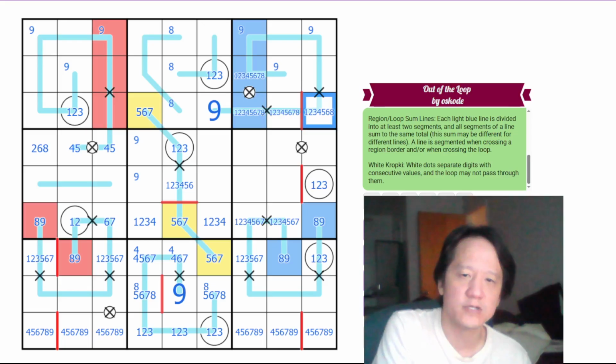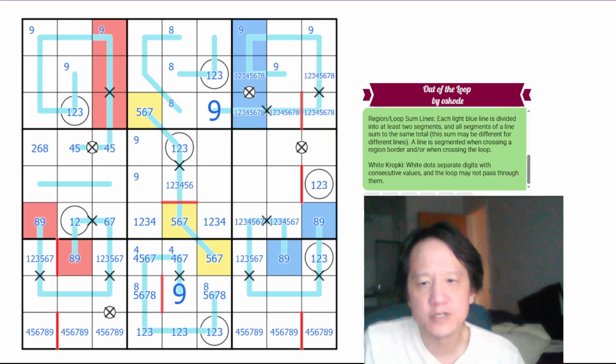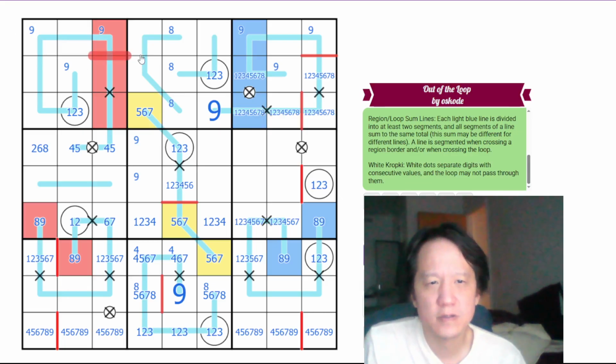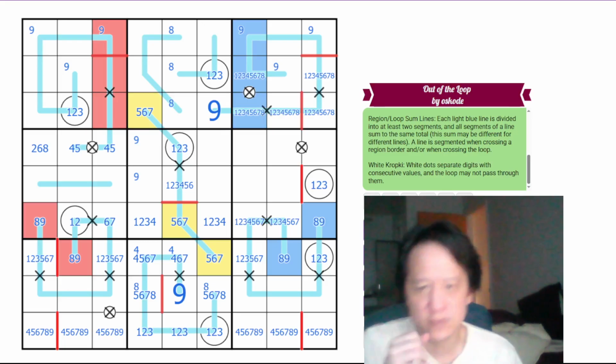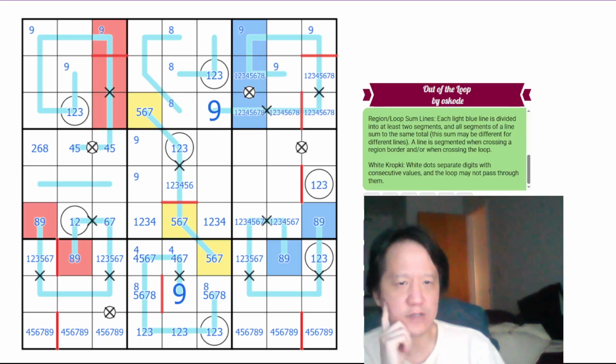This adds up to 9, 1 through 8 here. Oh, this has to be a segment here, guaranteed. So this is a segment guaranteed. This is a segment guaranteed. We know that for certain. We don't know any of the rest, though.